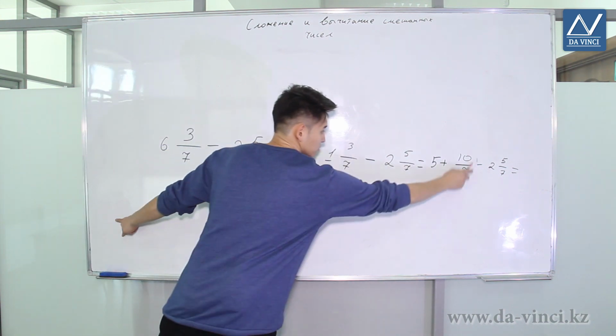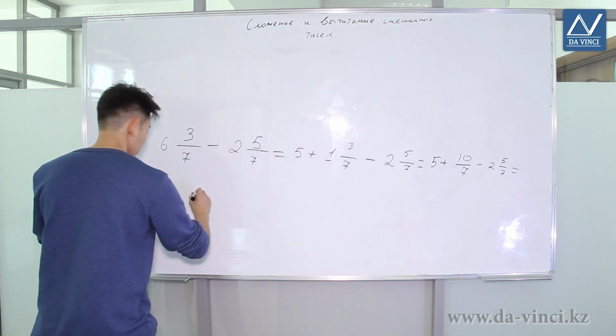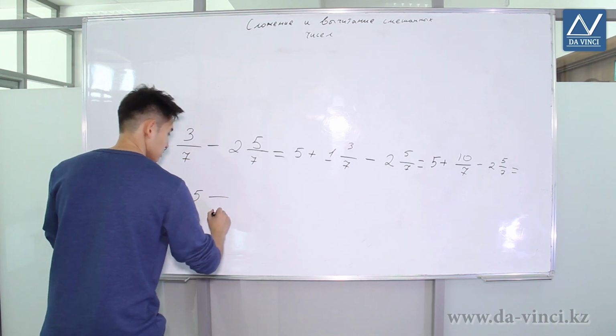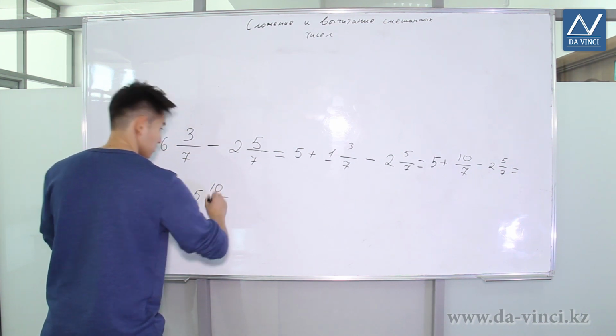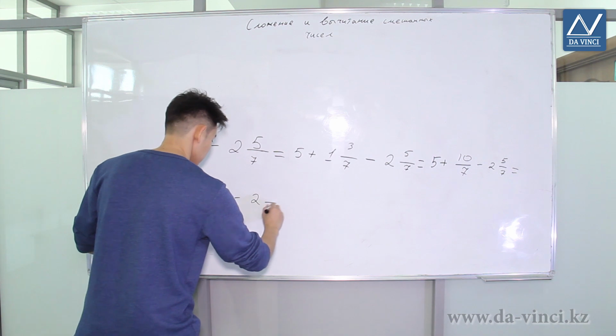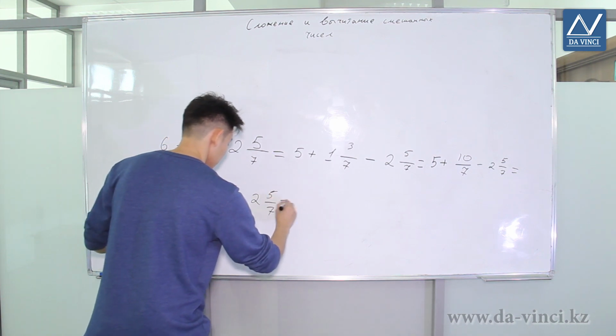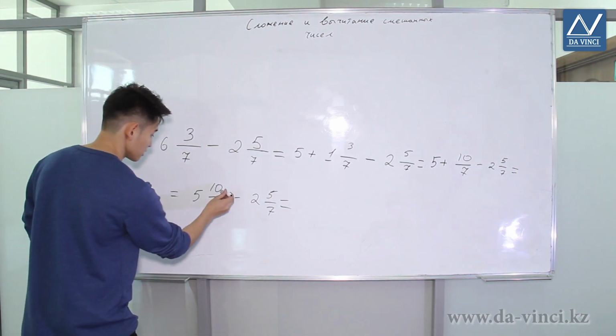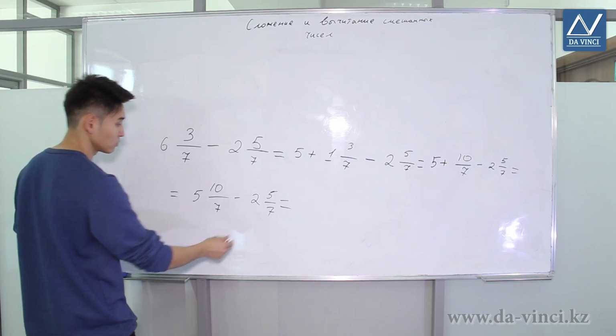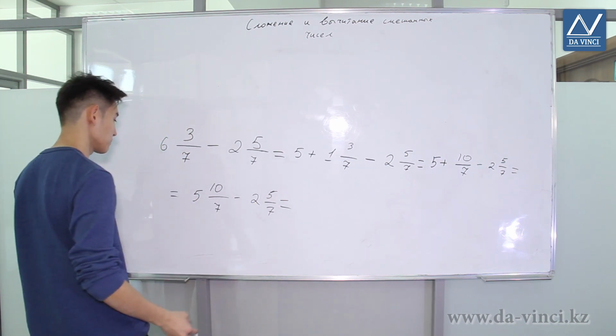As we know, we can write this sum as a mixed number, that is 5 and 10/7, minus 2 and 5/7. Now the numerator of the first fraction is greater than the numerator of the second fraction. That is, everything is fine.